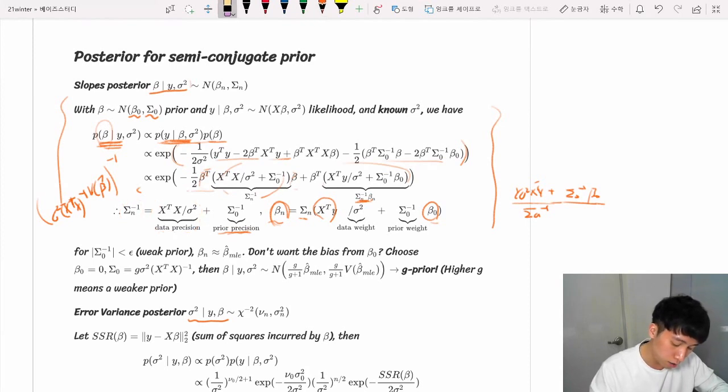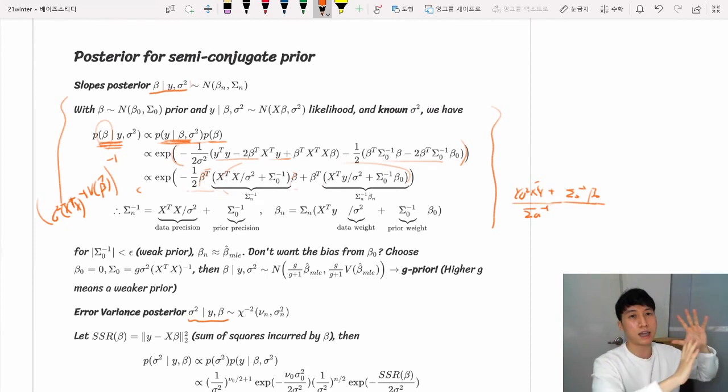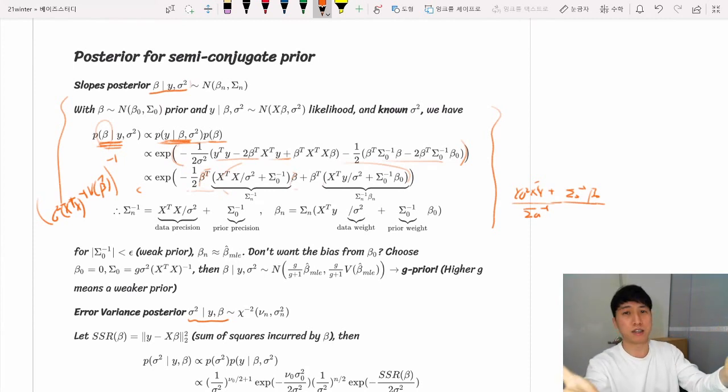So anyway, the result here is this. We get a full conditional posterior of beta. If the prior precision is very low, and when we say a matrix is high or low, meaning the size of the matrix, we usually refer to the determinant, because the determinant is somewhat the signed magnitude of the matrix.